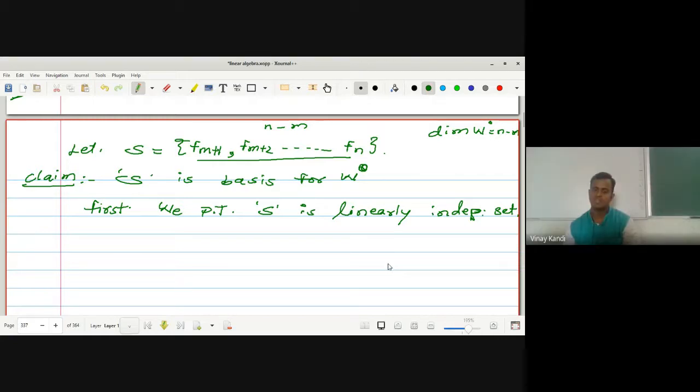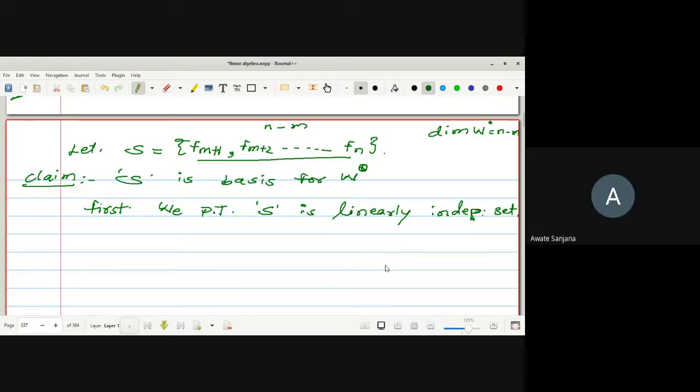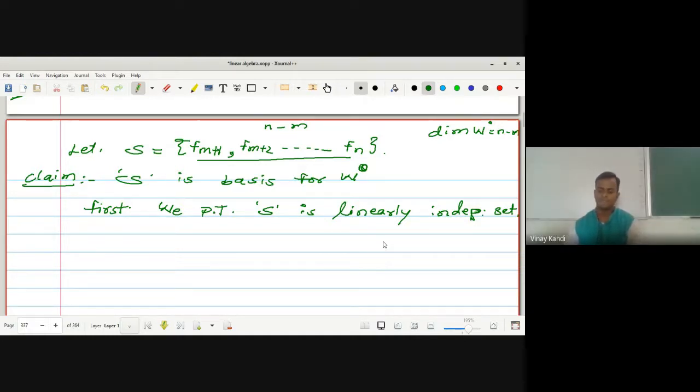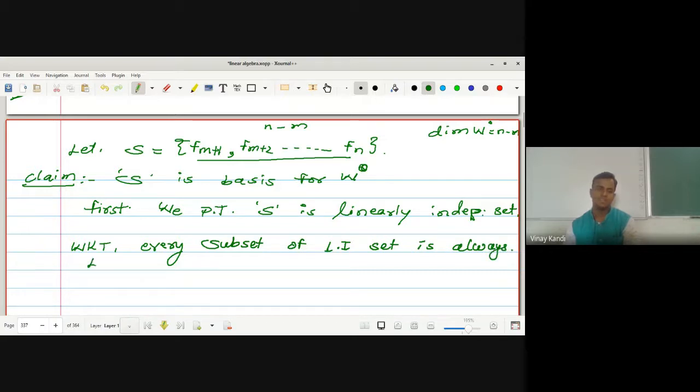A subset of a linearly independent set is linearly independent, and a superset of a dependent set is always dependent. We know that every subset of a linearly independent set is always linearly independent. That implies capital S is linearly independent.